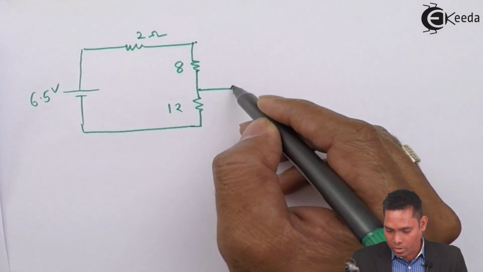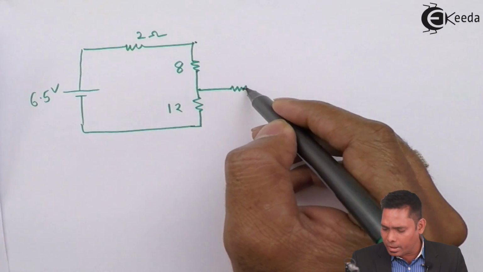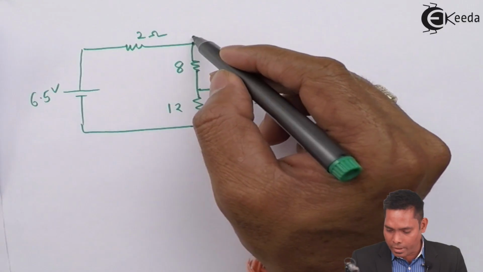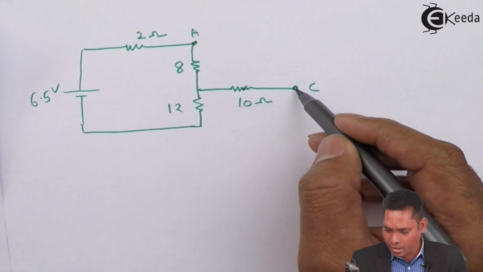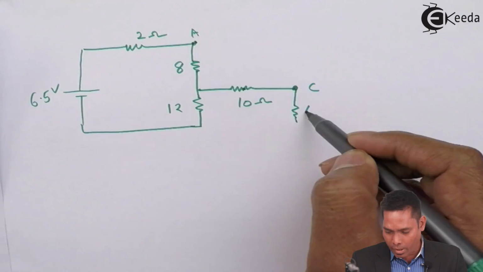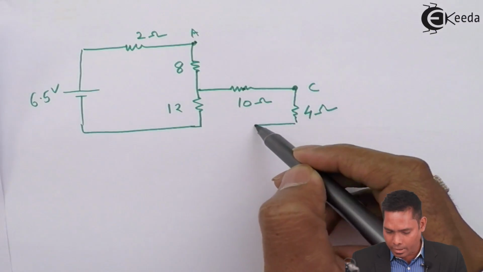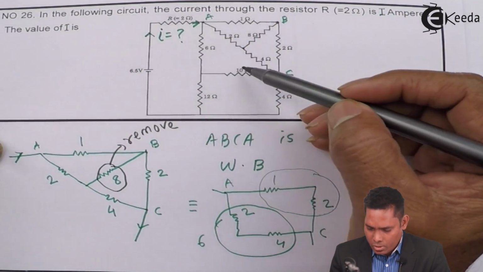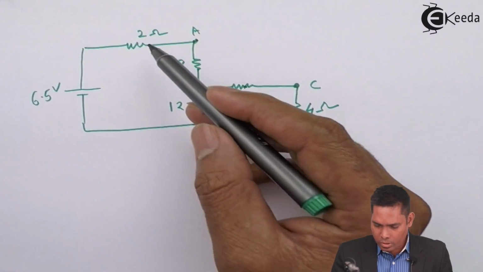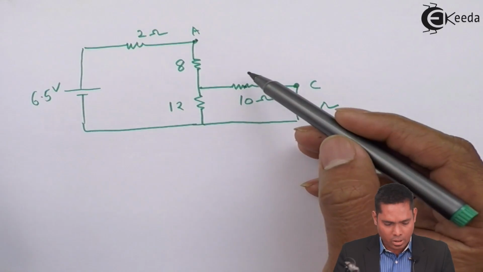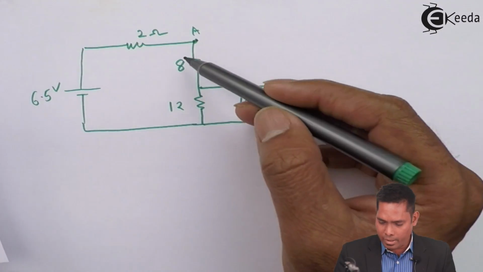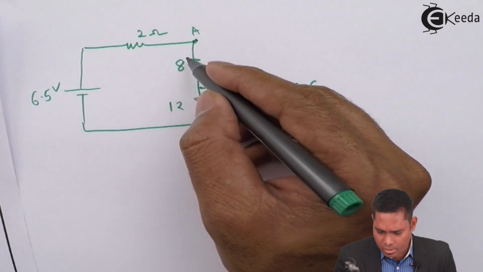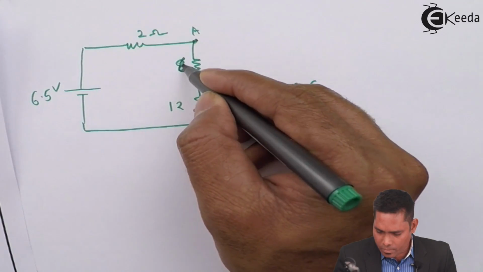There is 10 ohm connected here, and this is point A, this is point C, where earlier we used to have 4 ohm here, and it is connected directly like that. So this is 4, 6, 4, 10, this is 6, this is not 8, this is 6.